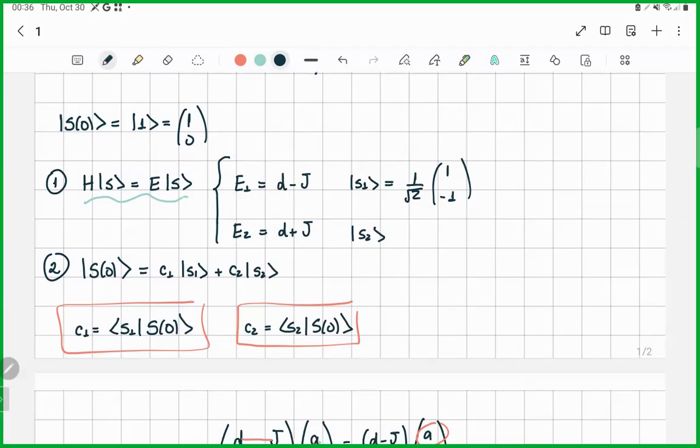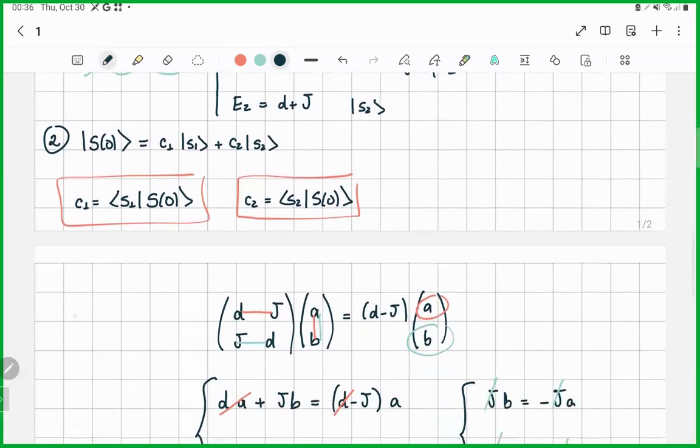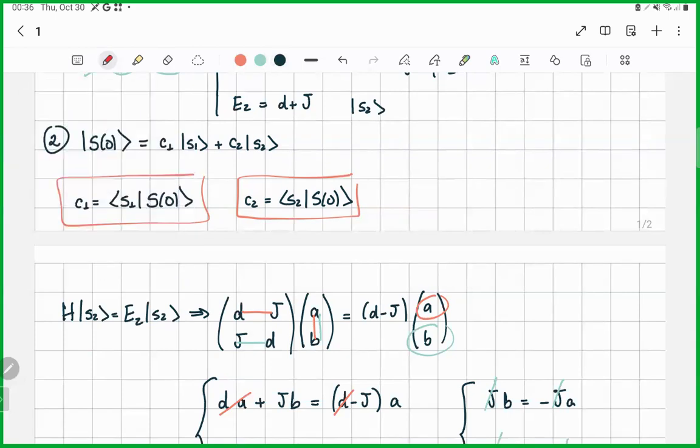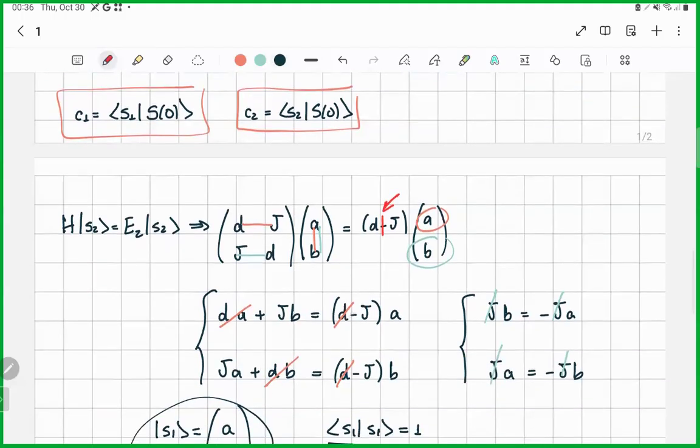But the procedure is exactly the same. Hamiltonian acting on S2 will give us the energy E2, S2. So it's exactly the same. The only thing that changes is the value of that energy, which is D plus J. That's where things change. So everywhere here, we just put this plus.